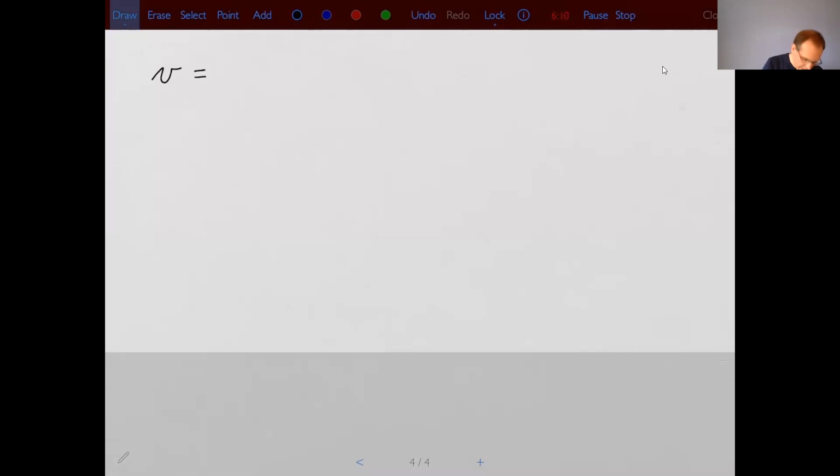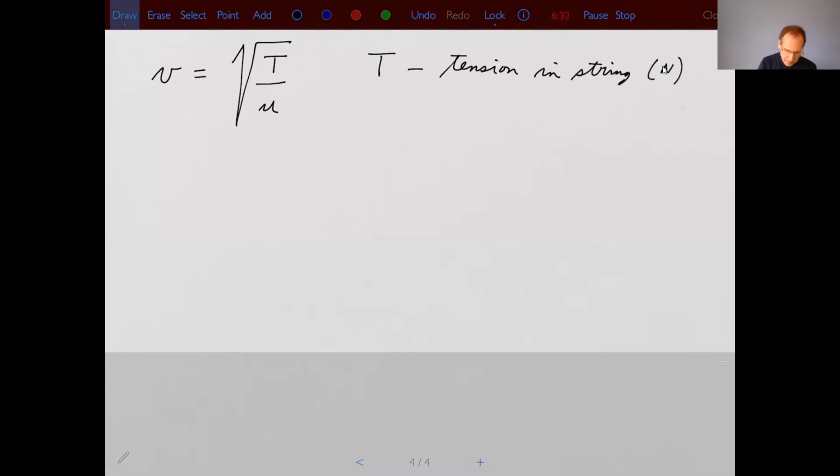And the formula for it is going to be the velocity is the square root of the tension over the linear density. So again, T is the tension in the string. And that's just in newtons, SI units, newtons. And then mu here is the linear density.